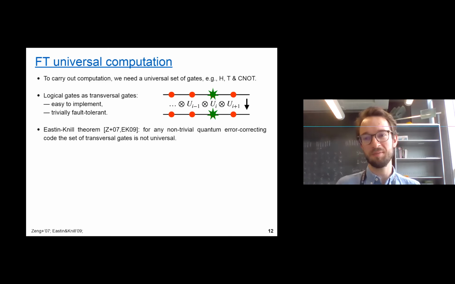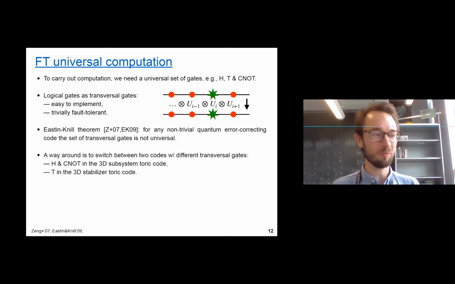This seems bad, but there are many ways around this theorem. One way is to switch between codes with different transversal gates, so the union of the transversal gates of both codes is universal, though either one alone is not. For example, we can get Hadamard and CNOT in the 3D subsystem toric code, and we can get T in the 3D stabilizer toric code.